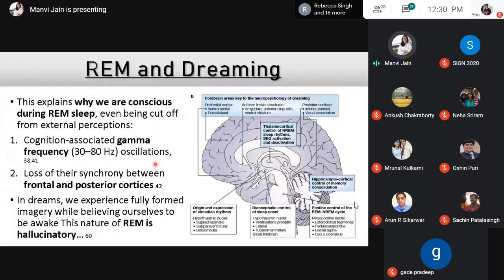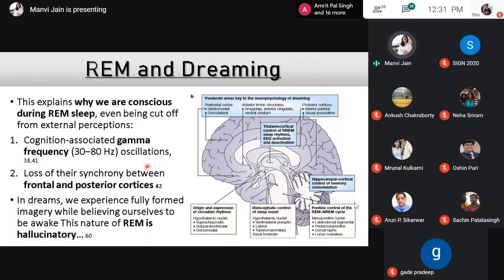So this is all related to that. Now, this point wants to clear up that loss of synchrony means the oscillations are different in frontal and posterior cortices, because according to me, they are absolutely involved in different processes. I am going to clear this point in the further diagram, which I'm going to present.